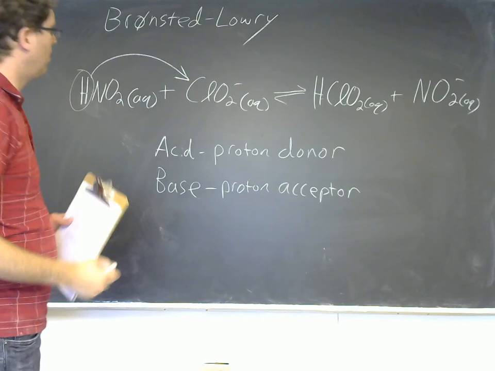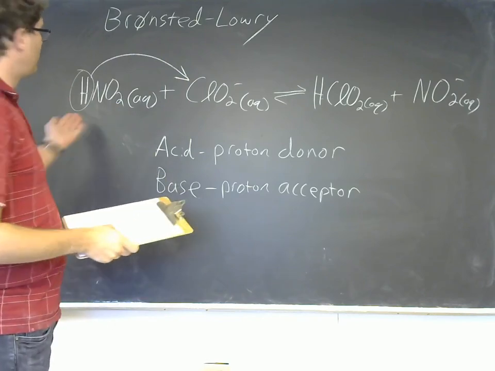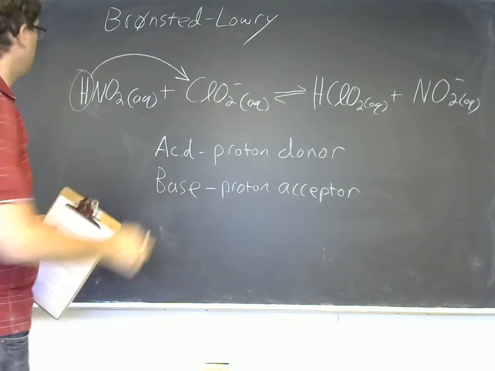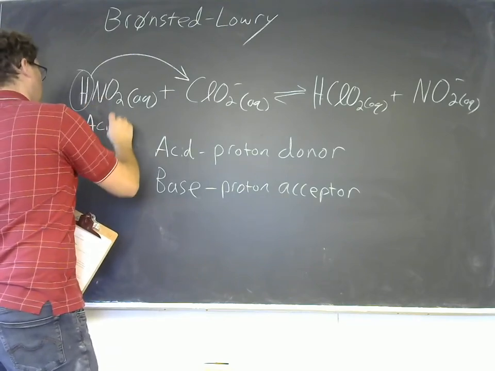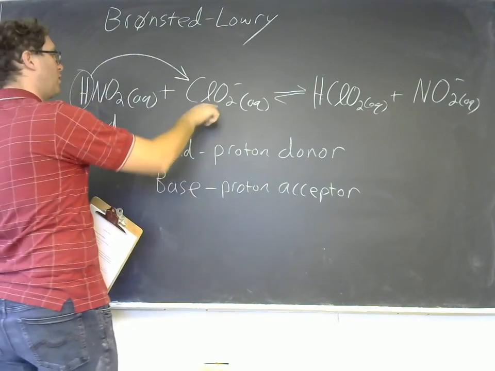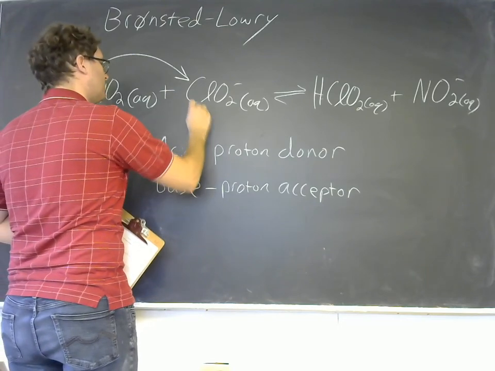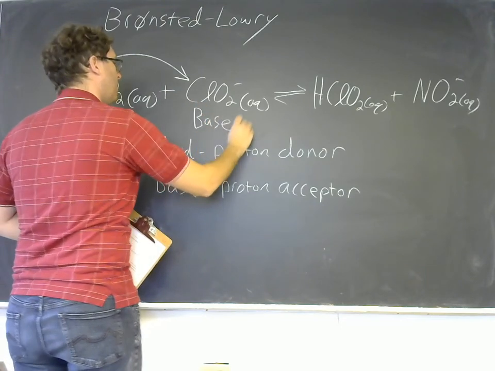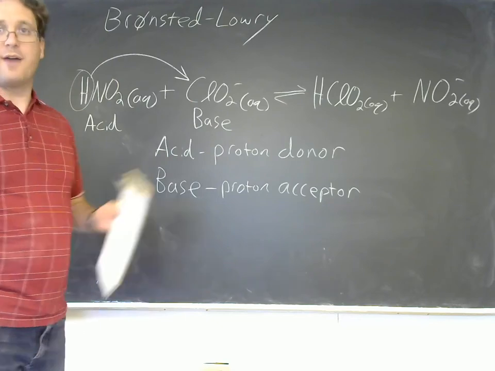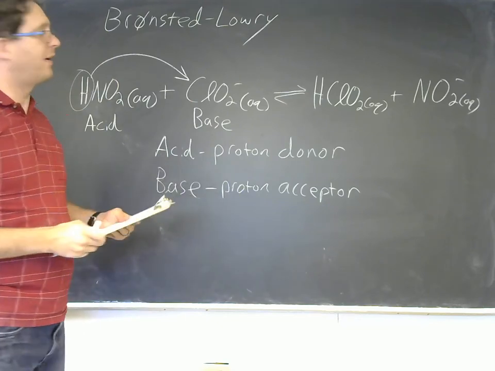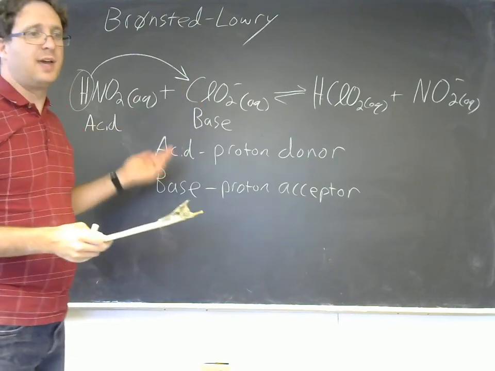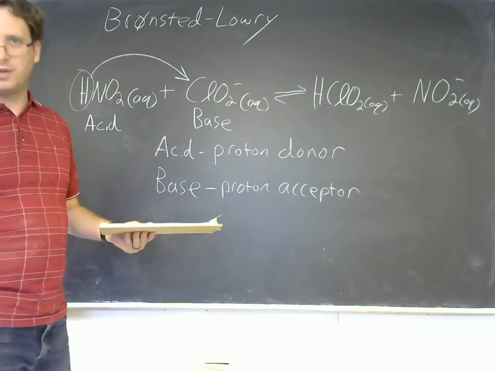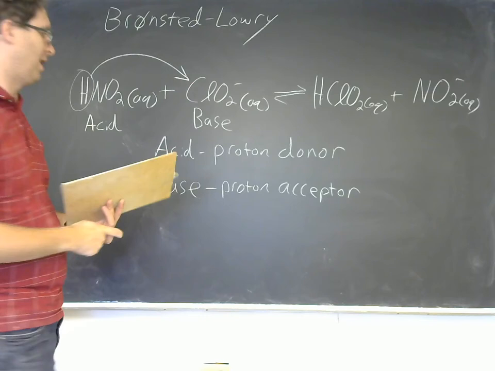And so which of these is the acid and which is the base? Nitrous acid, perhaps not surprisingly, is the acid, and chlorite ion is the base. And now we have a good solid theory for calling this reaction an acid-base reaction, even though there's no H plus or OH minus present anywhere.